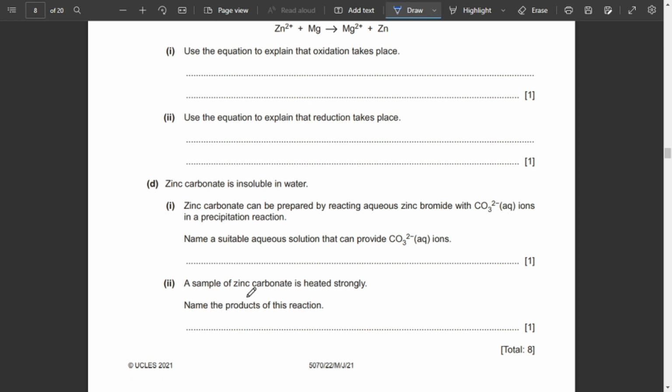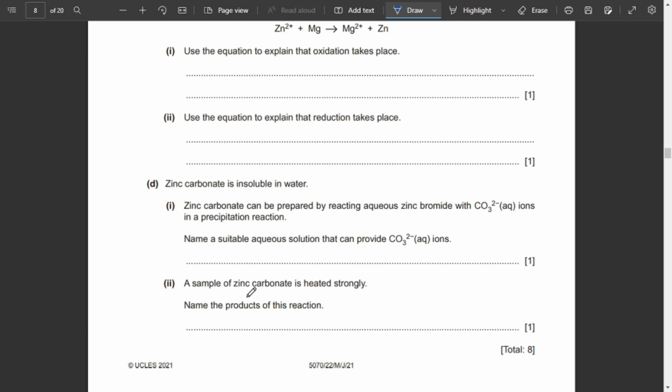Moving on to part 2, a sample of zinc carbonate is heated strongly. Name the products of this reaction. Now you need to be very focused on the words heated strongly. That means full combustion is going on. It is fully being oxidized. It's fully being heated. That means zinc oxide will be formed. Alright, I'm sorry. It's not combustion at all.